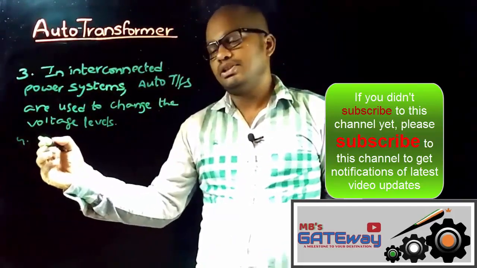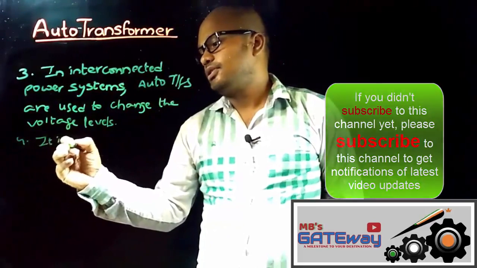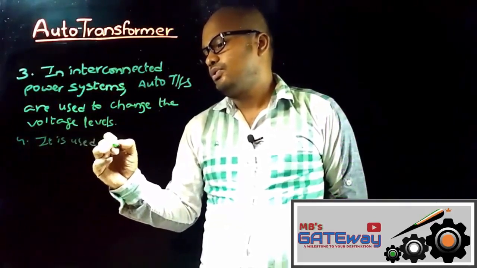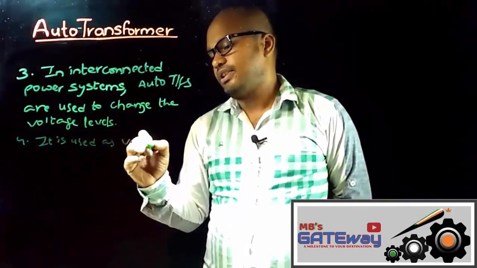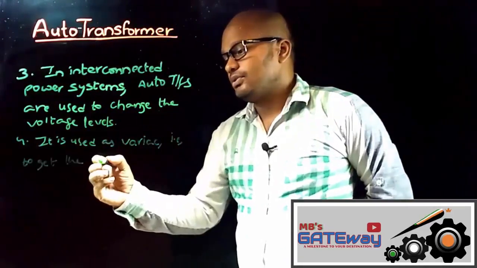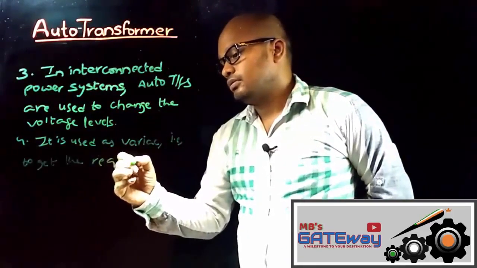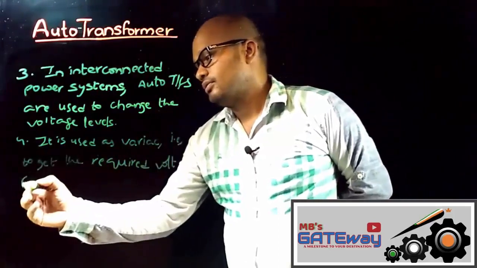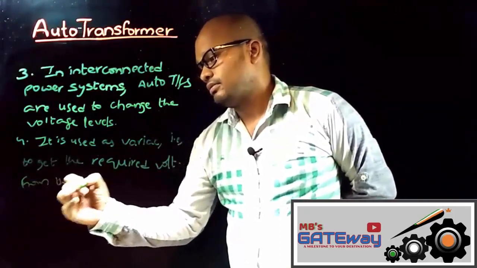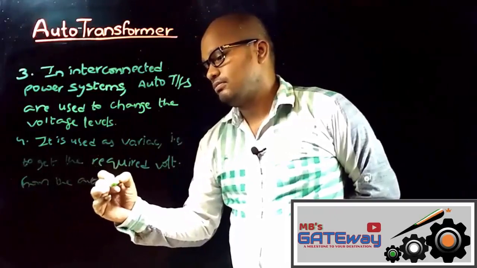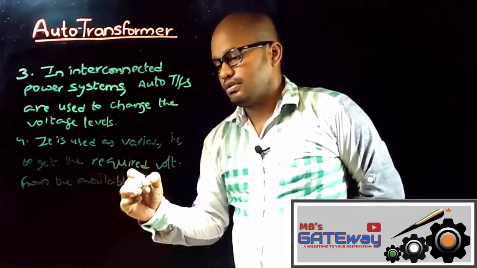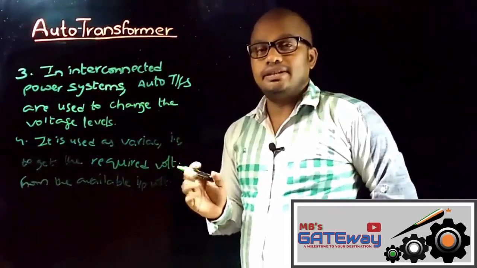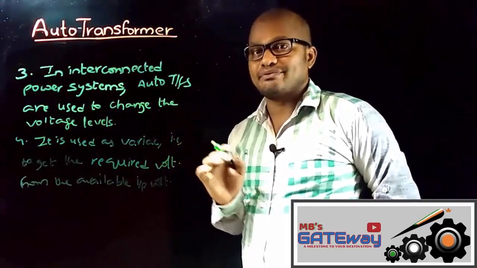And the fourth application is, it is used as variac, that is to get the required voltage from the available input voltage. These are the important applications of autotransformer.